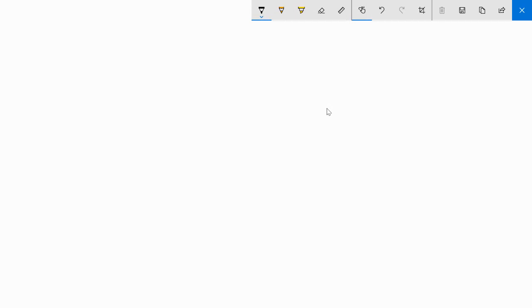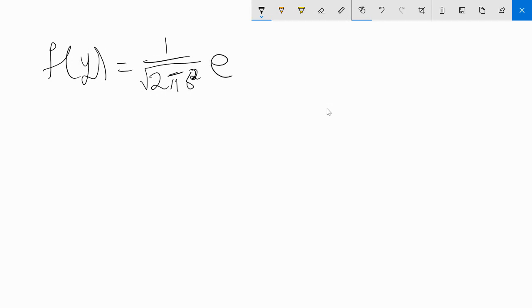So our function f of y is 1 over the square root of 2 pi sigma squared, e to the power of 1 over 2 sigma squared, yi minus the mean, mu. And this mu is the population mean of these observations, the yi's.